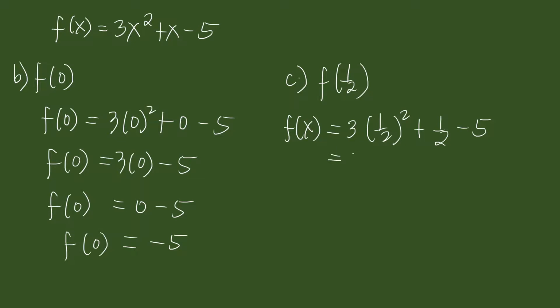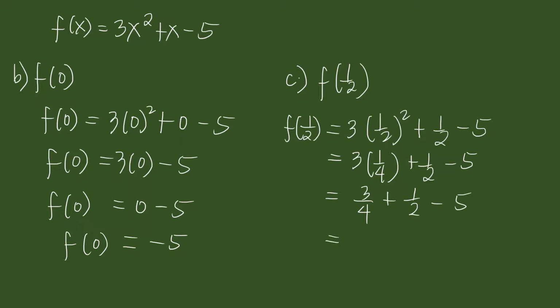So that would be 3 times 1/4, of course, 1/2 times 1/2 is 1/4, plus 1/2 minus 5. By the way, this would be your f of 1/2. Okay, so that is no longer f of x, that is f of 1/2. So that will be 3 over 4 plus 1/2 minus 5.